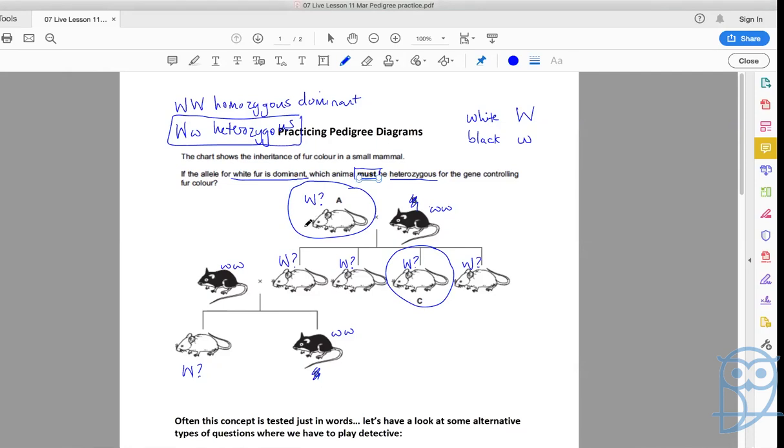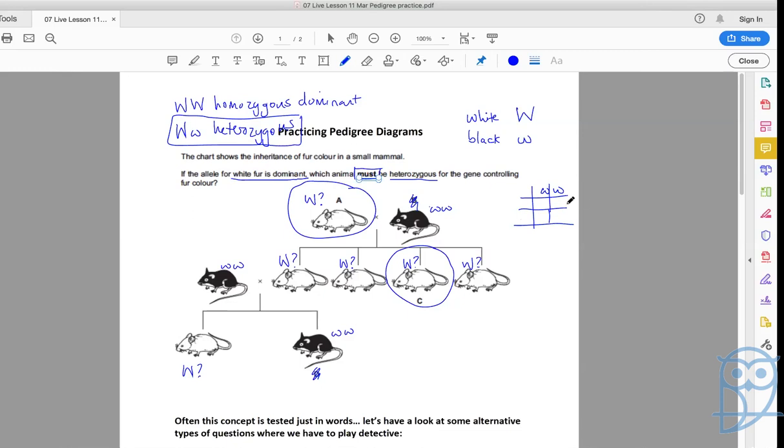So, mouse A and mouse B, our first two babies, had four babies. And all of these babies are white, which means that if you think about it, we had little w, and we can use our Punnett square here.